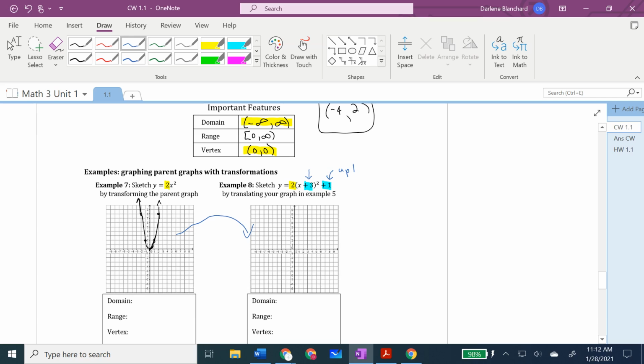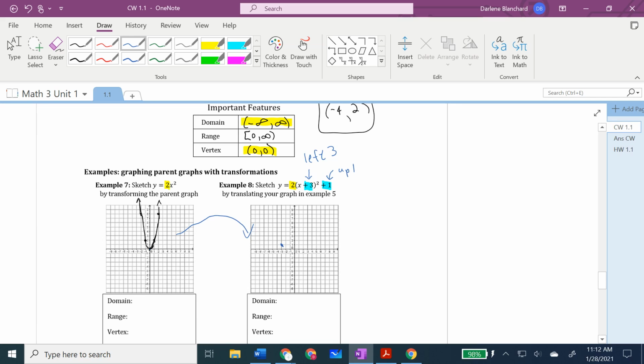When something is added or subtracted directly to x, you actually have to do the opposite operation. So when it says add 3, you really need to subtract 3 from your x coordinates, which will cause you to move the graph left 3 units. The easiest thing to do is to move the vertex and then sort the points out from there. Or you can literally take each individual point and move each individual point. So moving the vertex up 1, left 3.